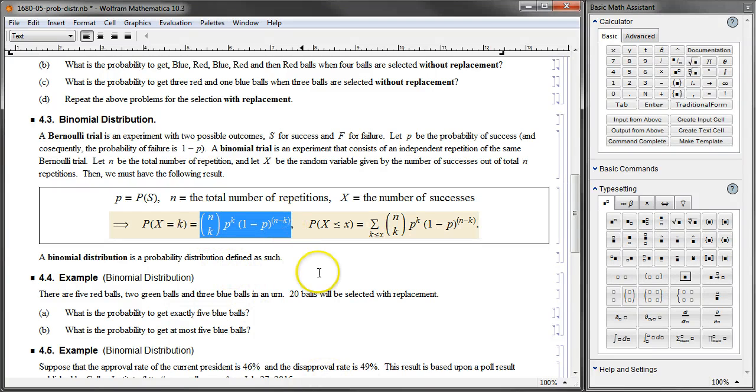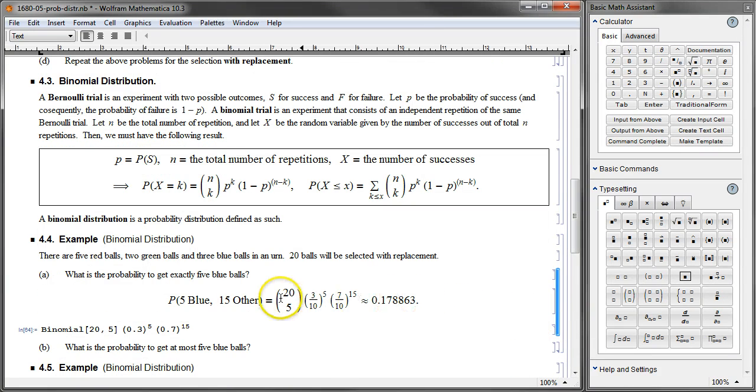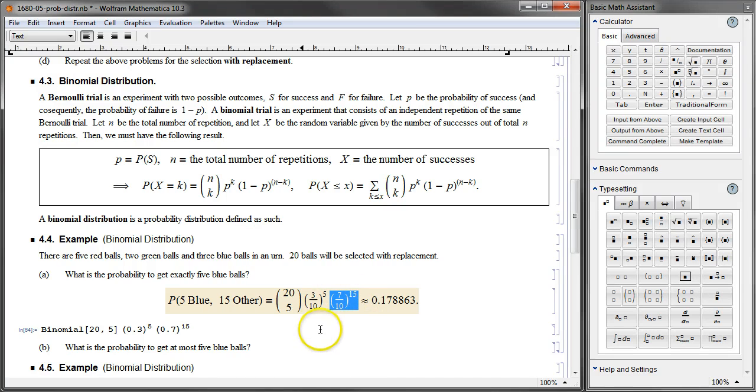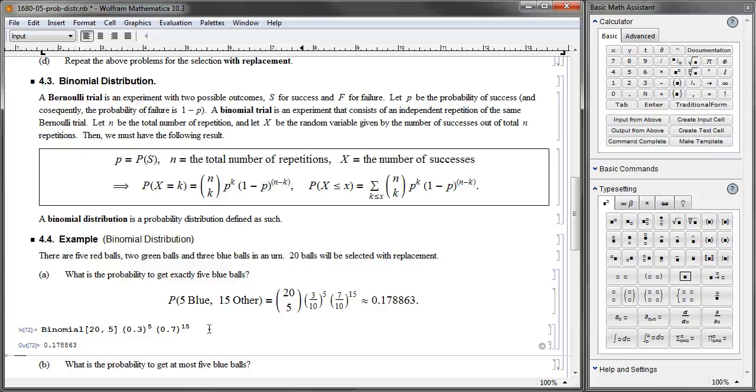So here you have to plug in n equals 20, k equals 5. In short, we have something like this: 20 choose 5, 3/10 to the 5th power, 7/10 to the 15th power, 5 successes and 15 failures. This may be rather rough with a handheld calculator, but with Mathematica I can get it instantly, kind of like this.